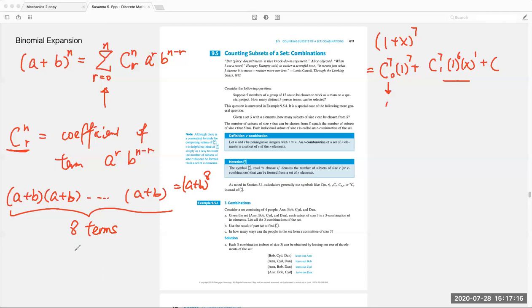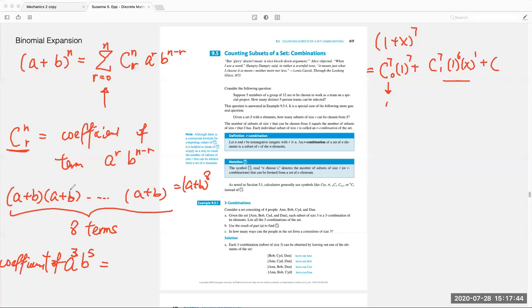So let's say you want to find the coefficient of A^3 times B^5. So how can you find the coefficient? By using the counting method.